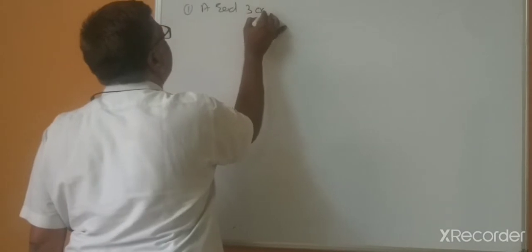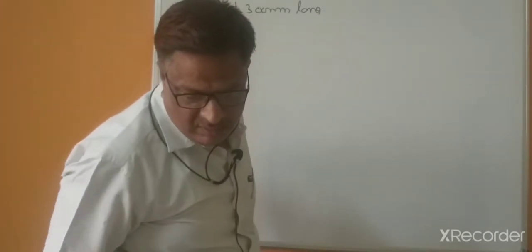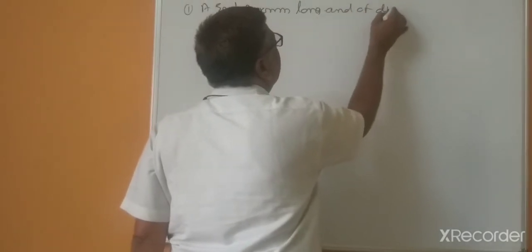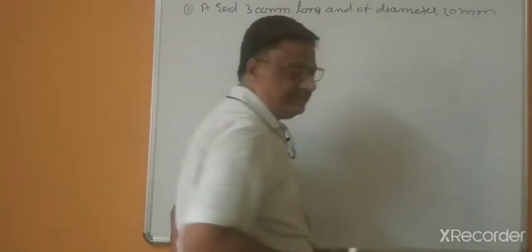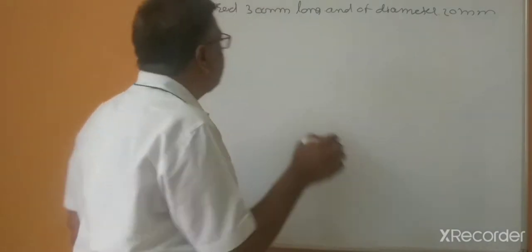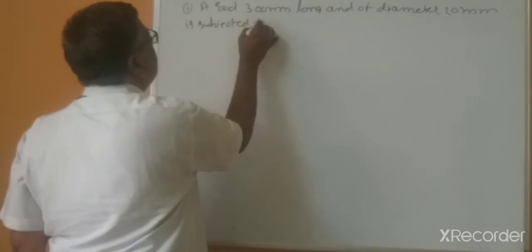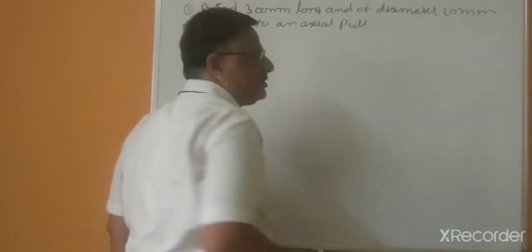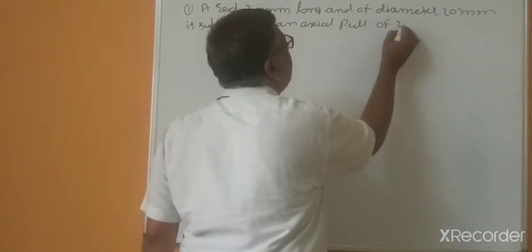A rod 300 mm long and of diameter 20 mm is subjected to an axial pull of 20 kilonewtons. This load applied is 20 kilonewton.